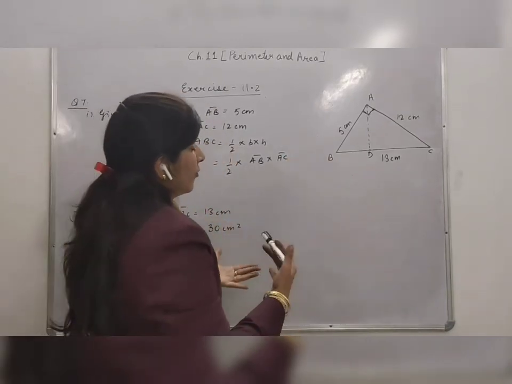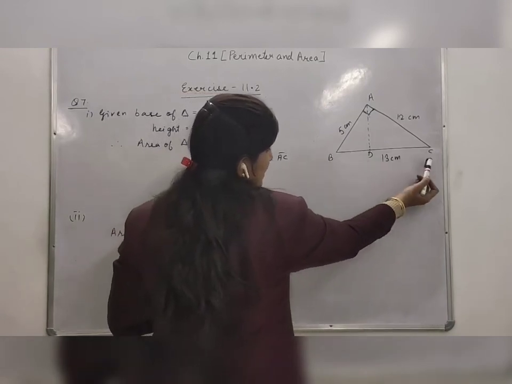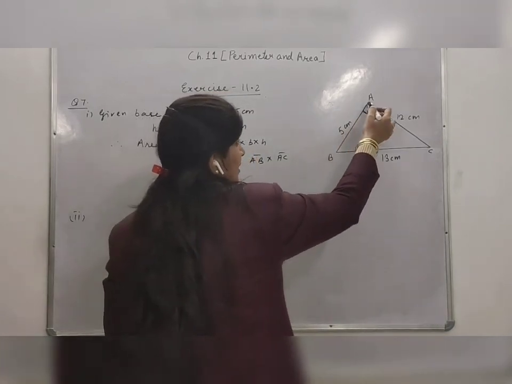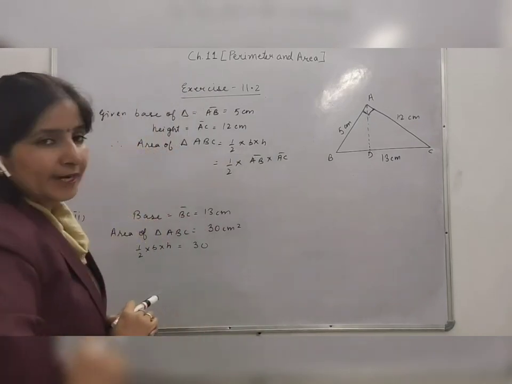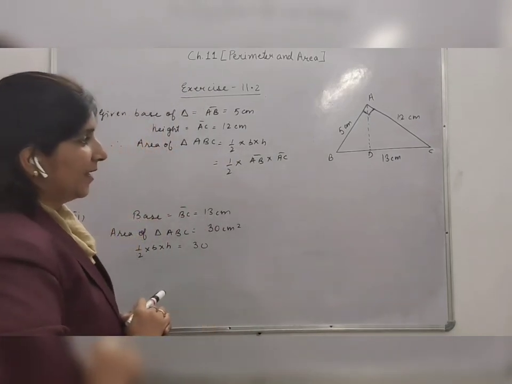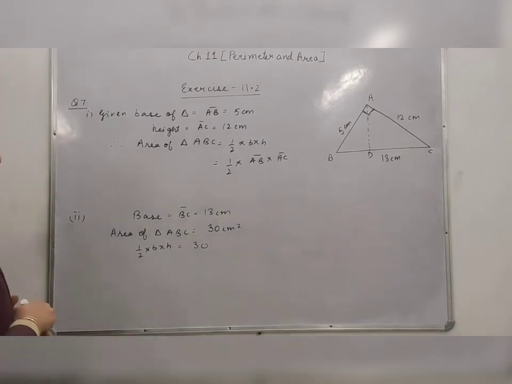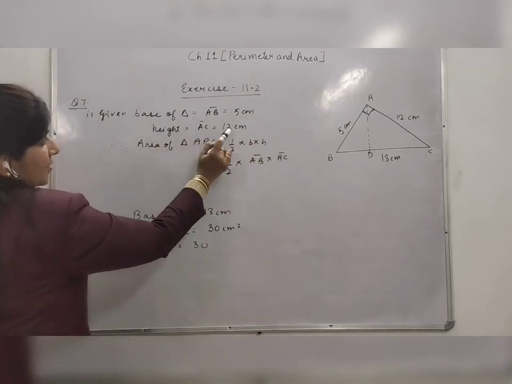Now what we need to find out other than this is, if we consider BC as base, which is given 13 centimeter, then we need to find out the corresponding height, that is AD. The corresponding height to base BC is AD here. So first of all, we will find the area. Given base of triangle AB is 5 cm, height 12 cm.